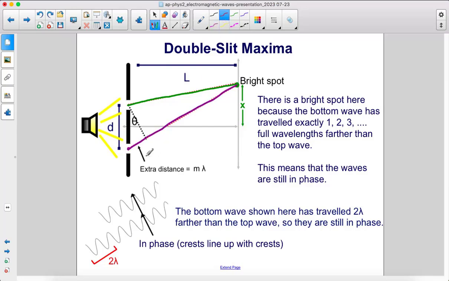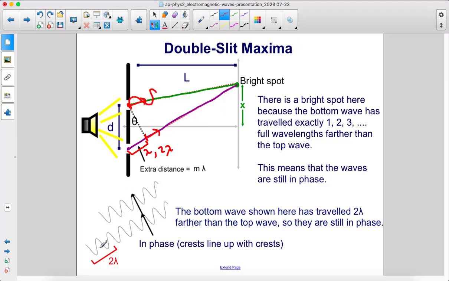How much farther? Exactly that amount farther. So if that is one wavelength, or two wavelengths, or any integer multiple of the wavelength, they will still be in phase when they get to that location, after which they will travel exactly the same distance. So their crests will still line up.